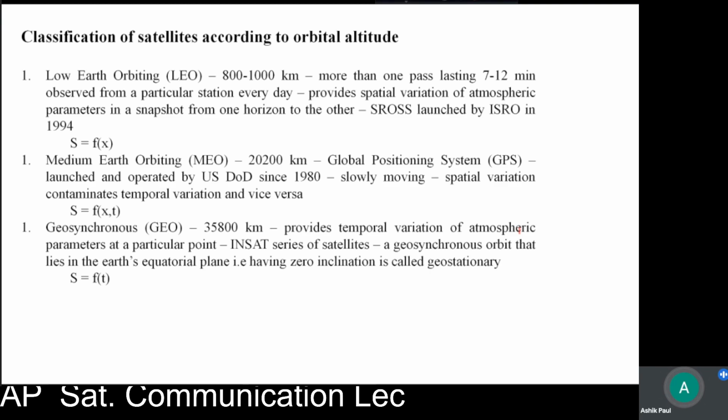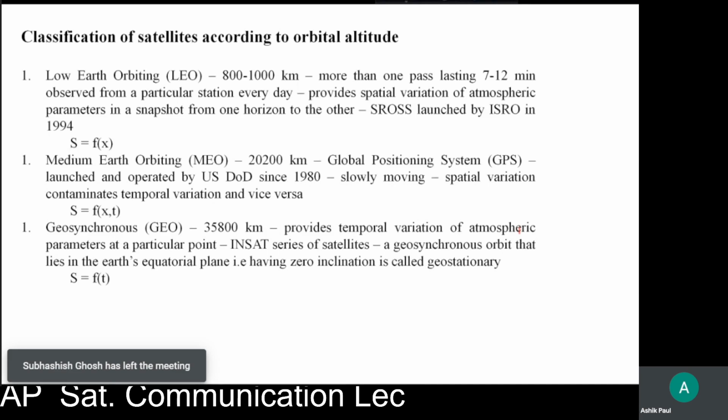Can you quickly calculate for each of these three categories? Like for the low Earth orbiting satellite, it is 1,000 kilometers. What will be the time taken for a signal transmitted from the surface of the Earth to be received and then retransmitted back?